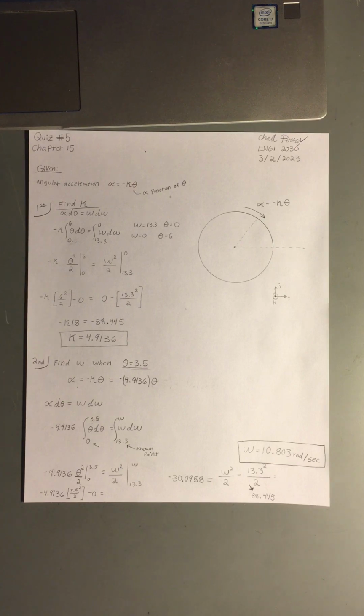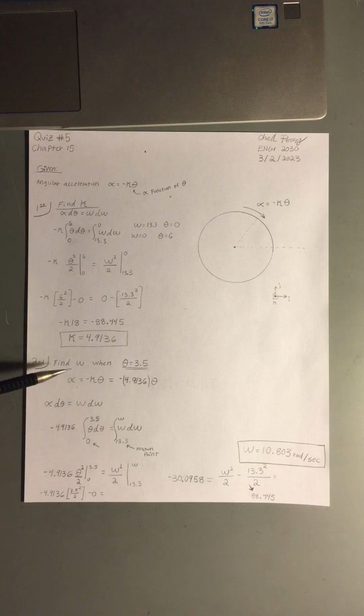And so for the second part of the question, the problem wanted us to determine the angular velocity, which is omega, when theta equals 3.5 radians. And so to solve that, we use the same relationship here between theta and omega.